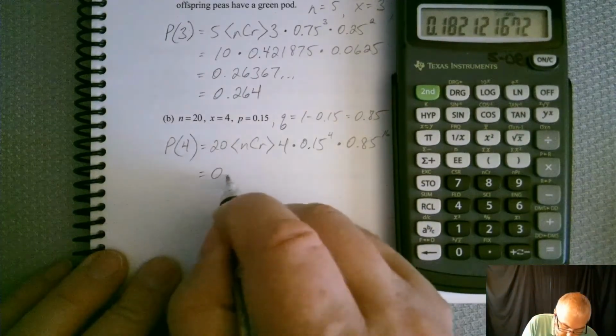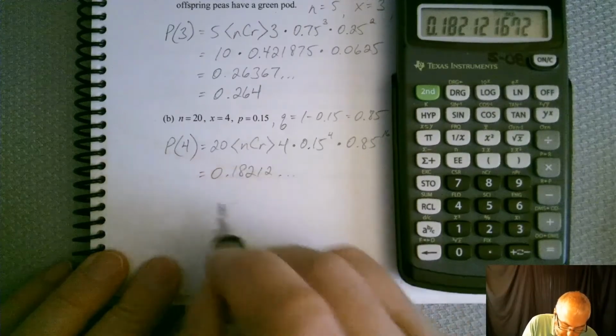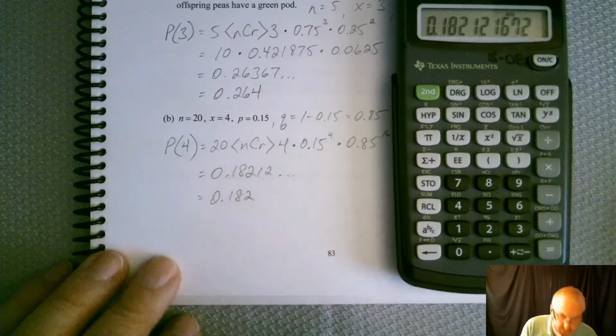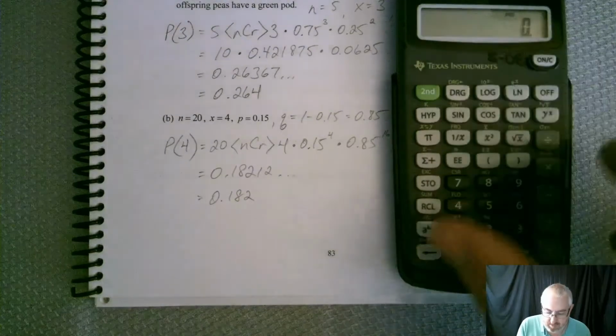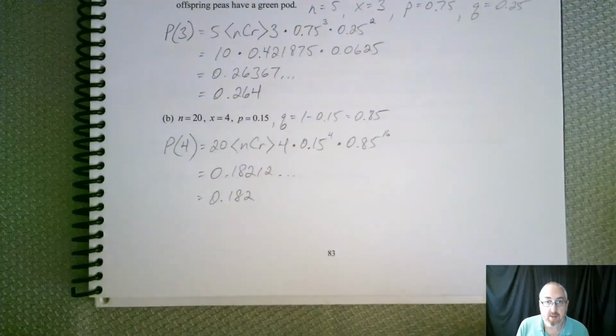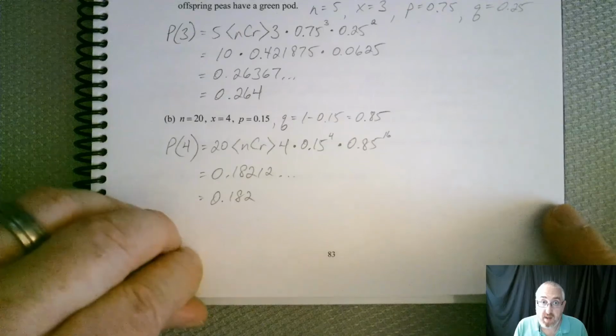So 0.18212 rounded to 3 significant digits, or 3 places in this case, and that should be our answer. 0.182. All right. So we have a little bit of a sense of how this works.